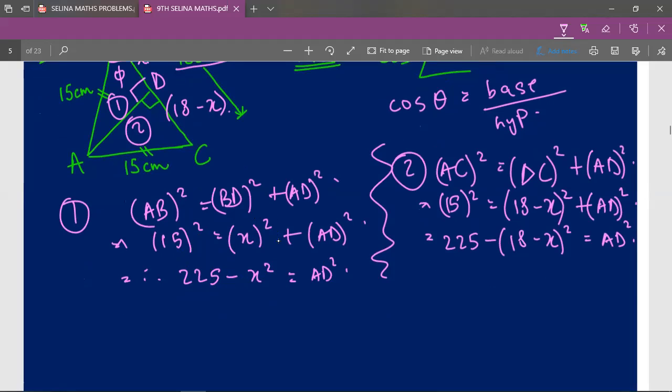How? The x square comes from the RHS to the LHS and changes its sign, and it becomes minus x square. So our final formula will become 225 minus x square is equal to AD whole square.